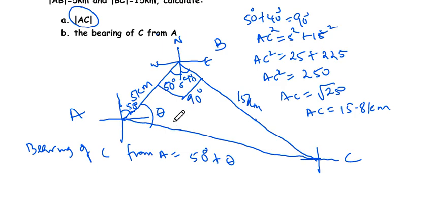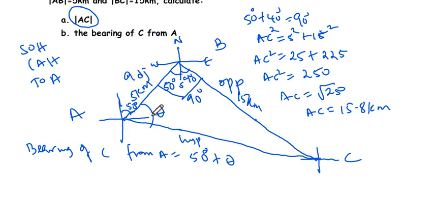To get theta, since it's a right angle triangle, let's use our trigonometric ratios. Remember SOHCAHTOA. It's only applicable to right angle triangles, that's angles that are 90 degrees. Now this is opposite, and this is hypotenuse, and this is adjacent, this side. So we know our opposite, we know our adjacent.